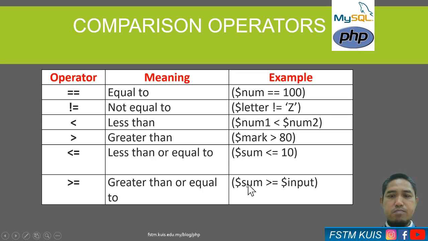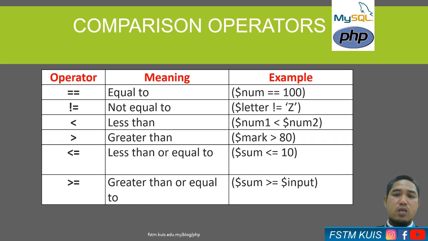So let's say sum is 10 and input is 10. You will get the answer true because there are actually two conditions: one is greater than and the other one is equal to. So if sum is 10 and input is 10, you will get true. Let's say sum is 10 and input is 9, meaning 10 is greater than 9, so you still get true.